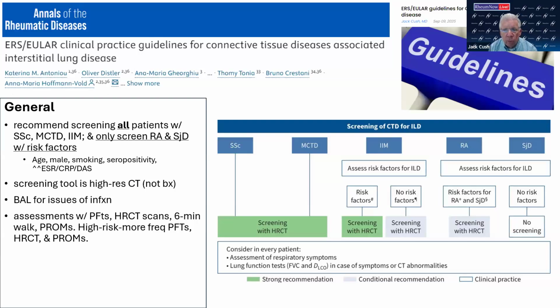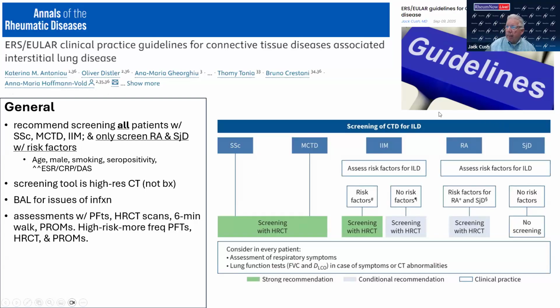So, all right, let's move on to the screening as set forth by Anna Maria Hoffman-Vold, who gave this presentation at EULAR in Barcelona and just recently published this. These are the ERS EULAR practice guidelines for CTD-related lung disease, aka SARD-related lung disease, and they recommend screening in all patients with scleroderma, MCTD, and myositis, and only screening RA and Sjogren's patients who have risk factors: age, male sex, smoking, seropositivity, markers of inflammation or high disease activity, like by DAS score.